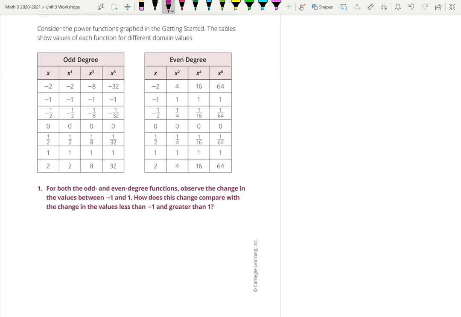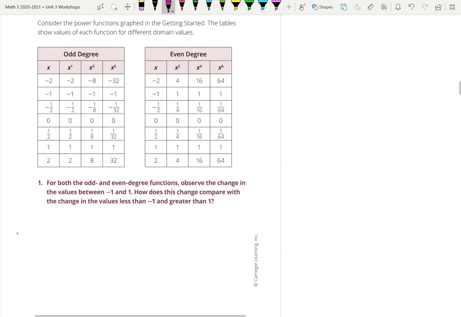And the first thing is between -1 and 1. I don't actually want to include -1 and 1, but I want to compare this region. What do we notice about the outputs?